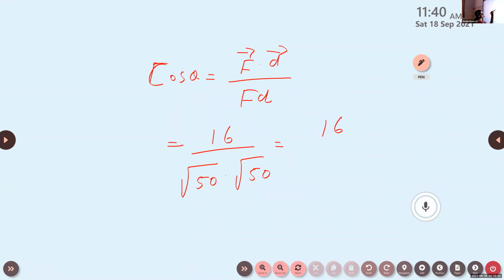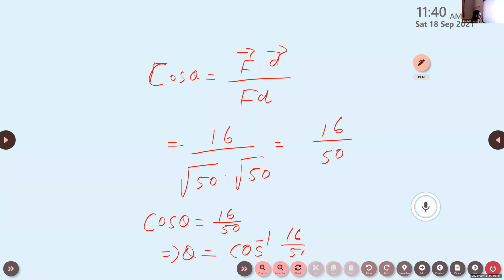So it becomes 16 divided by 50. So cos theta is equal to 16 by 50, which implies theta is equal to cos inverse 16 by 50.